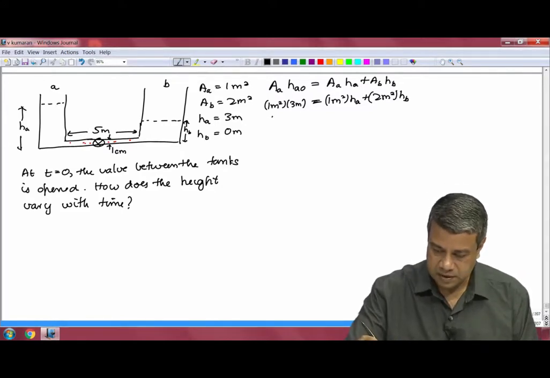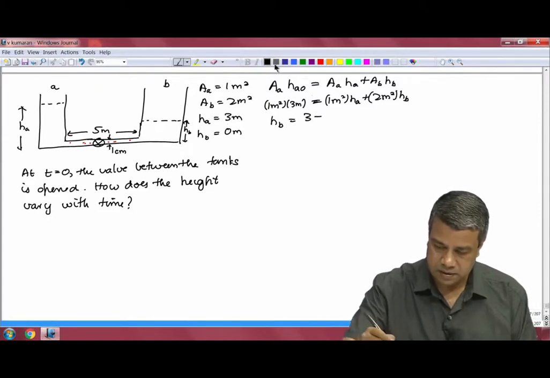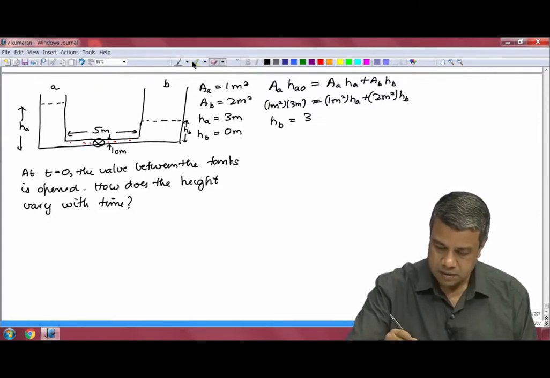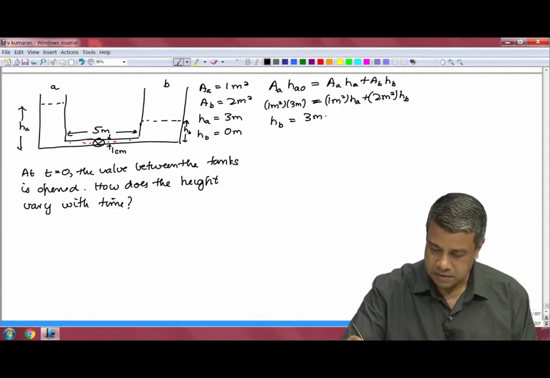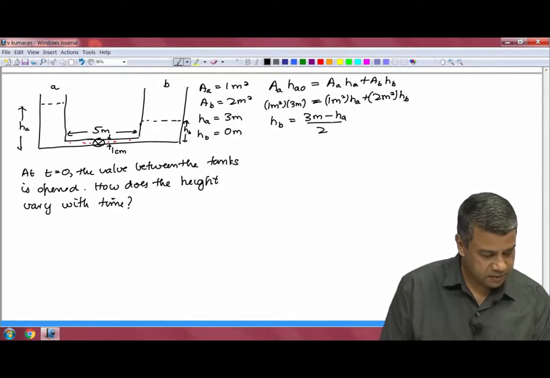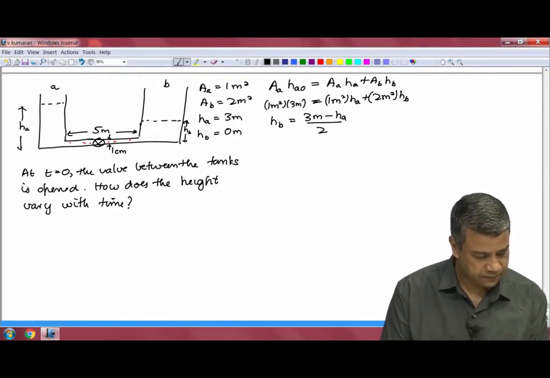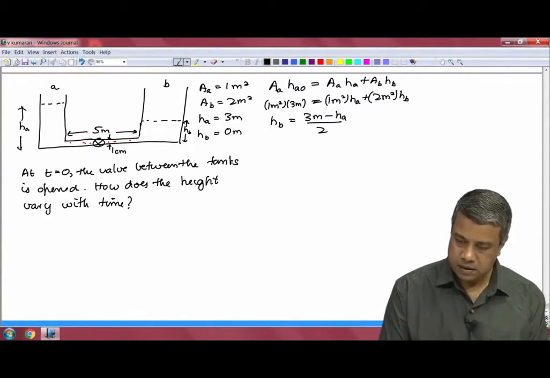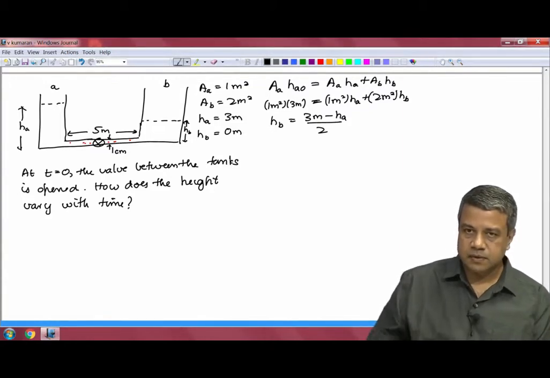Therefore, this gives me HB is equal to (3 meters minus HA) by 2. What is the difference in the height between the two tanks?